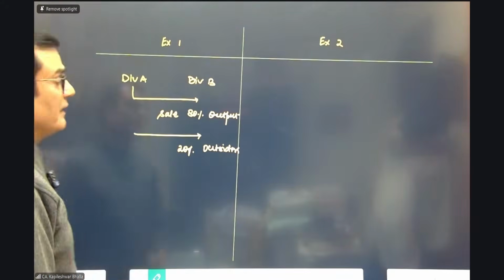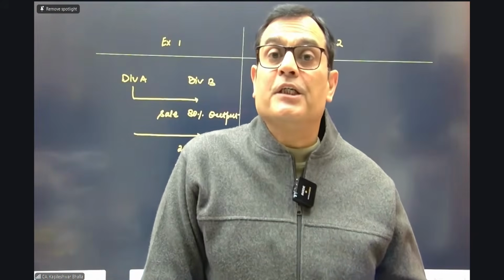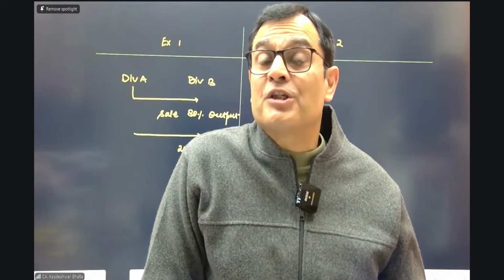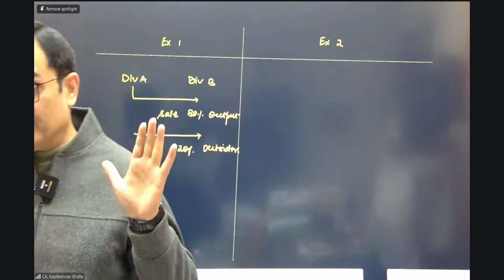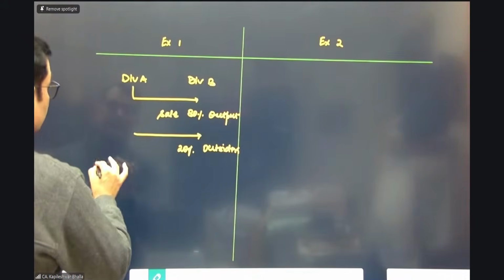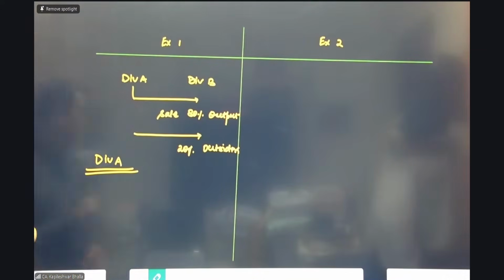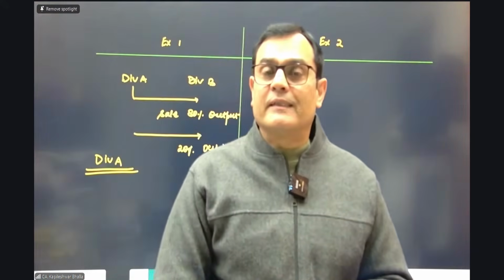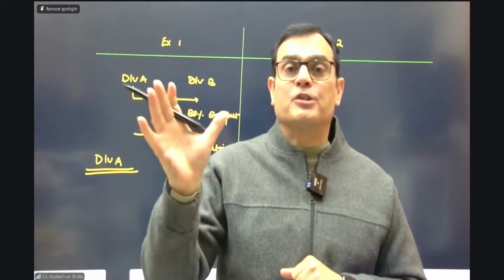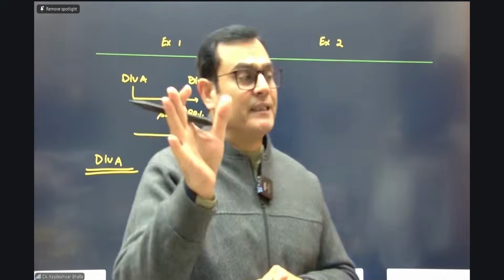Now, quick questions at your end. I'm looking at division A. Is division A generating cash flows largely independently? And that's right, no. In this particular case, 80% of the output is sold to division B. It is not generating cash flows largely independently.